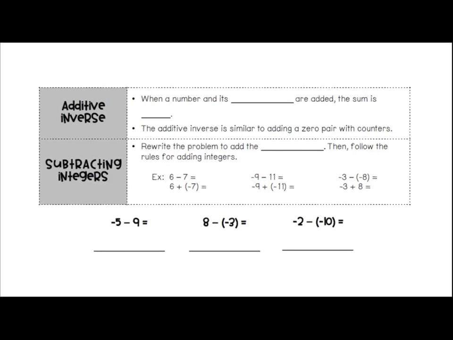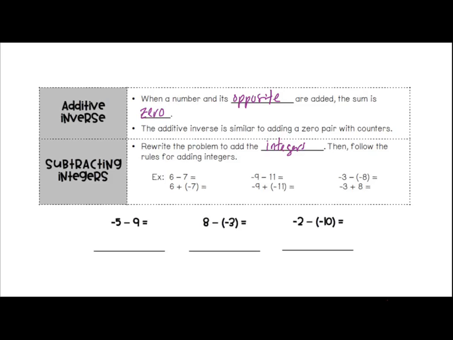All right, so the additive inverse is when a number and its opposite are added, the sum is 0. So the additive inverse is similar to adding a zero pair with counters. When we're subtracting integers, you want to rewrite the problem to add the integers.